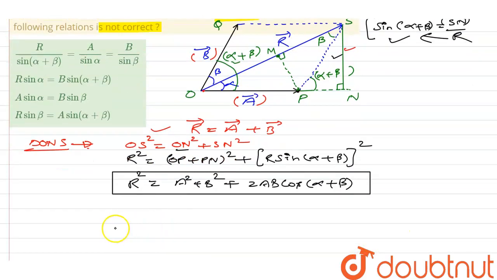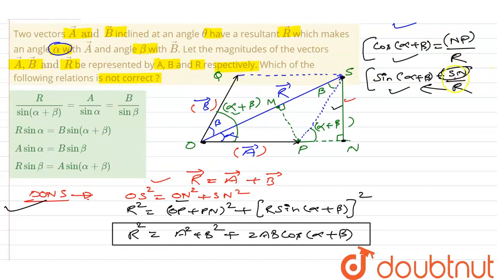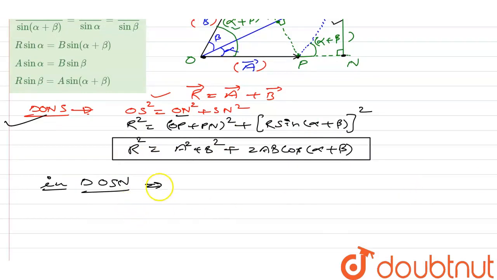Okay, so if we talk about the triangle OSN, so triangle OSN, SN will be r sine alpha plus beta.